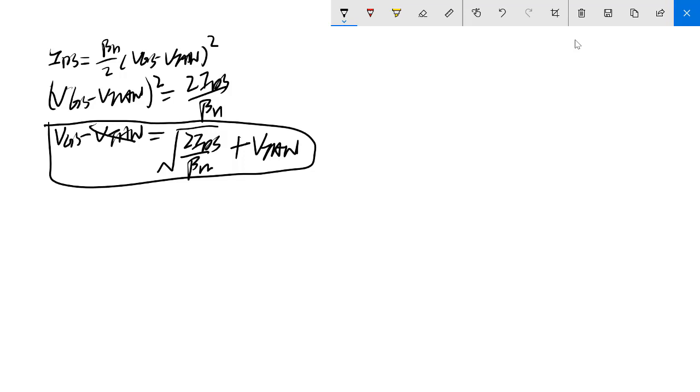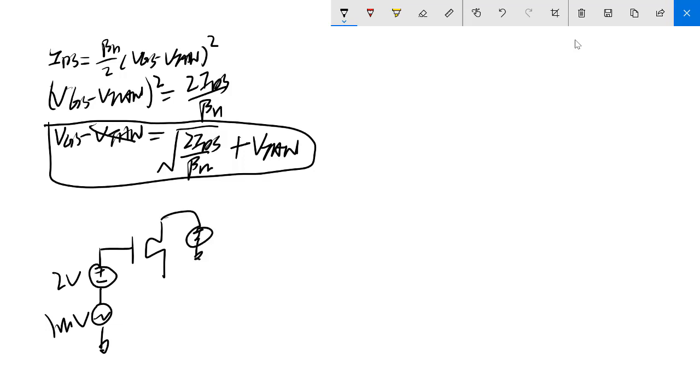So let's come back to the example we are trying to get through. Here is a DC operating point, and there will be a little AC signal, which is 1 millivolt, and this is 2 volts, and you get another DC, which is 2 volts as well. If I'm asking you to calculate what's ID, what are the steps?